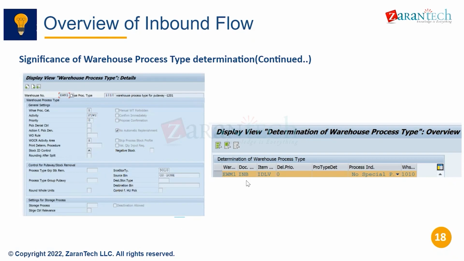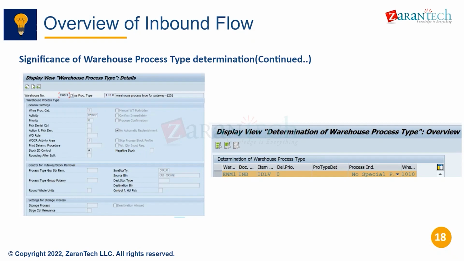As I was saying, based on what the process type will be determined. As soon as your inbound delivery is created, to start with your inbound processes, what should be the first process? It will start with moving the stock from the door to the staging area, right? And then from the staging area to the GR zone, right? And then further processes if you have any.